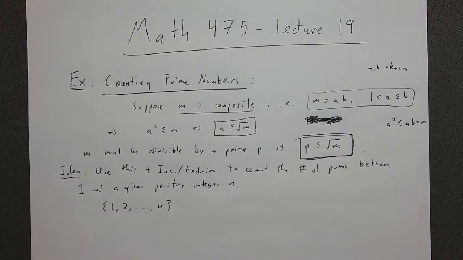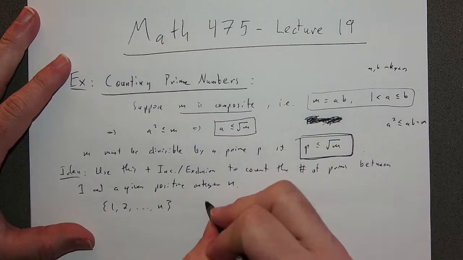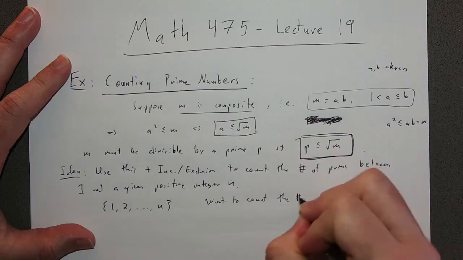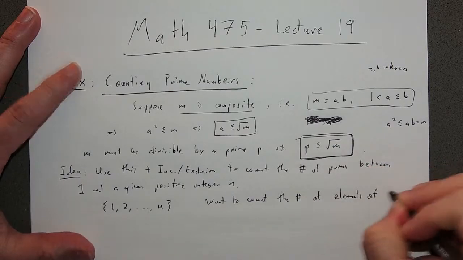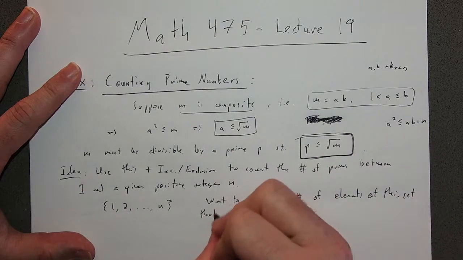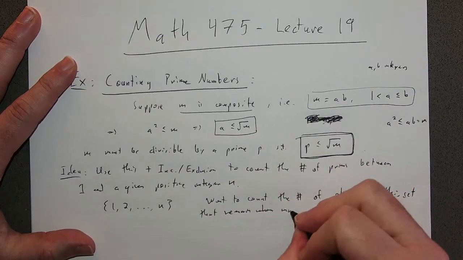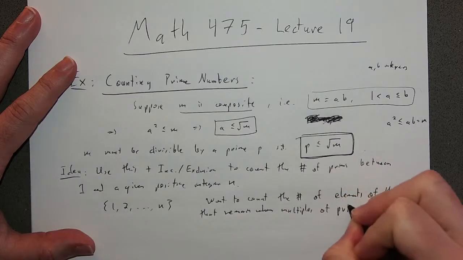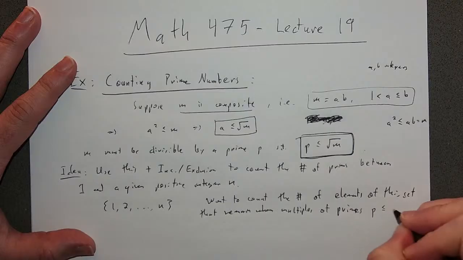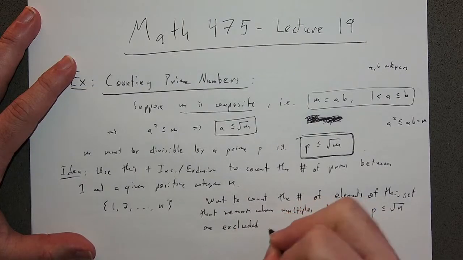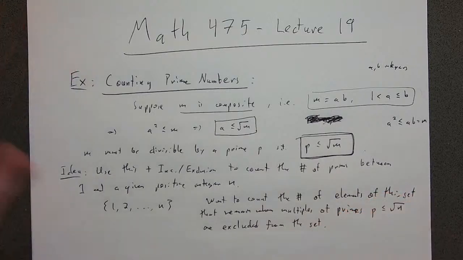I want to use this theorem to count the number of elements of the set that remain when multiples of primes p that are less than or equal to the square root of n are excluded from the set, or deleted from the set.